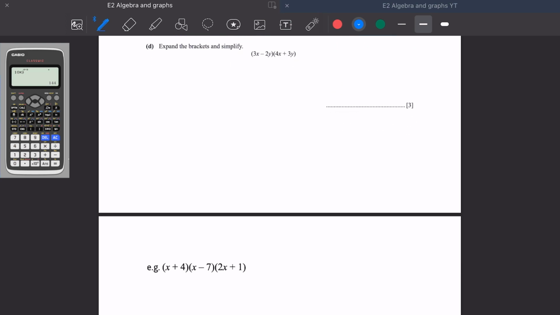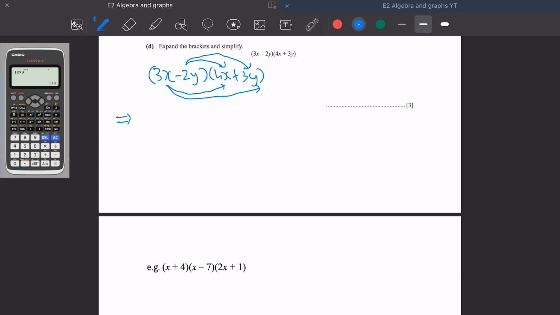Next question is expand and simplify 3x minus 2y into 4x plus 3y. Let's write this. 3x is multiplied by 4x and then 3y. Then minus 2y gets multiplied with 4x, then 3y.